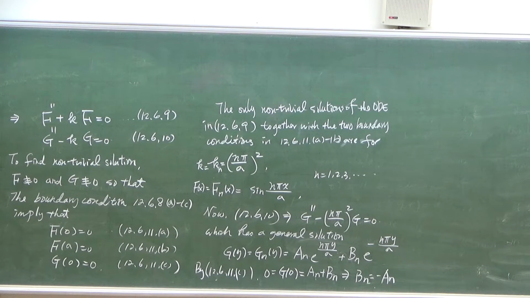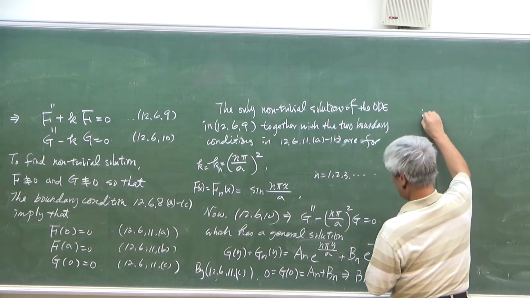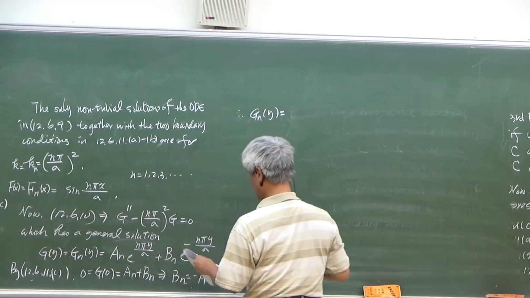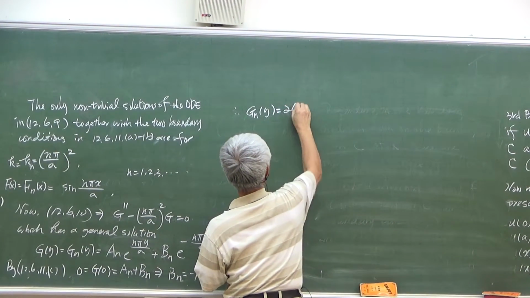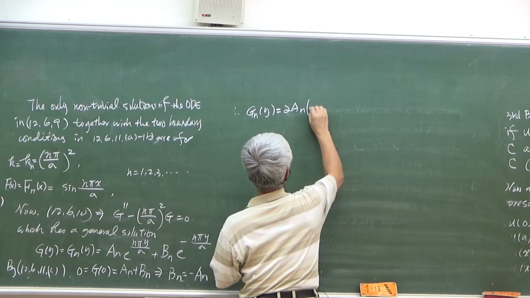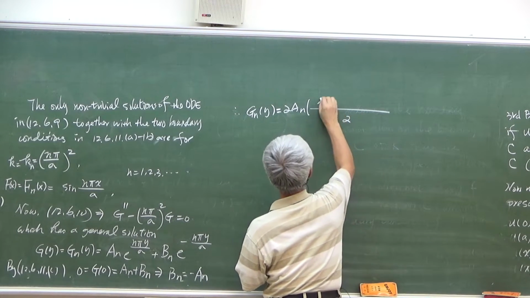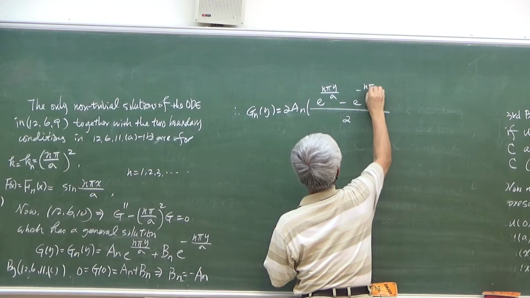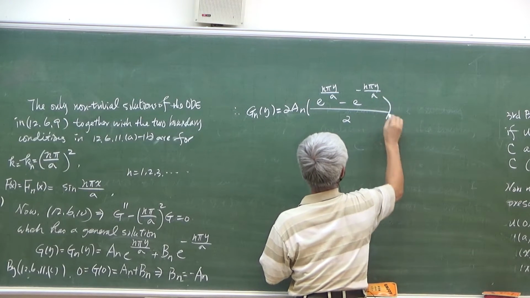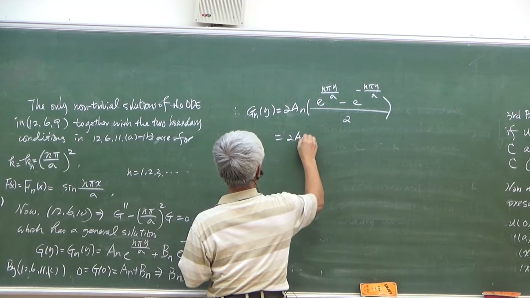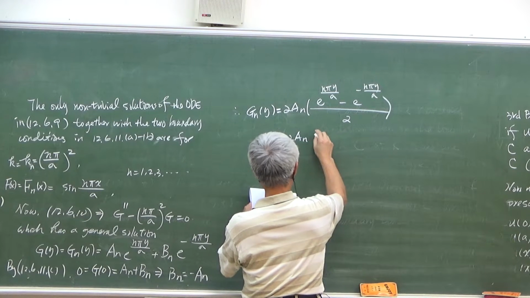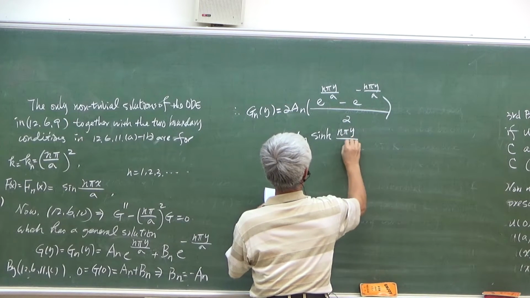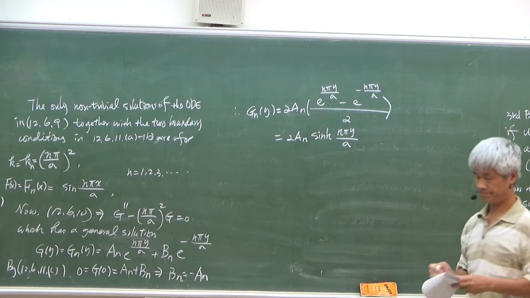So we have b_n equal to minus a_n. Alright, so g_n of y is equal to 2 a_n times e to the n pi y over a minus e to the minus n pi y over a, divided by 2. Right, so this is the hyperbolic sine.